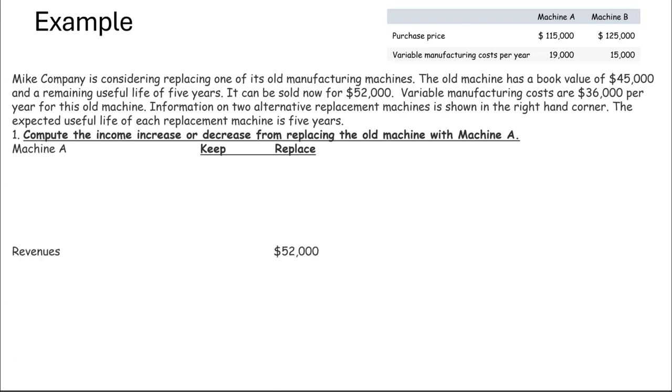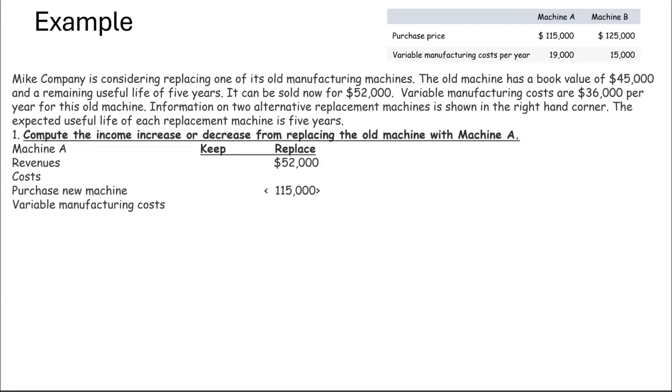So machine A, to keep it, or if we replace it, we'd get $52,000 from selling the old machine. The cost, purchase the new machine, and then we have the variable costs. You take $36,000 times 5 years. Obviously, we're not using net present value on this.